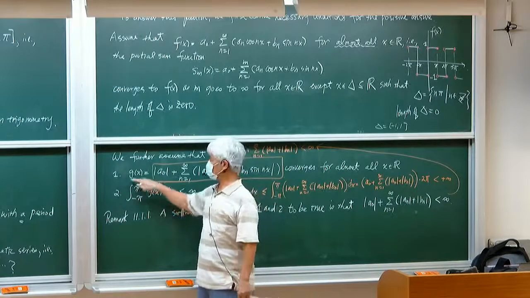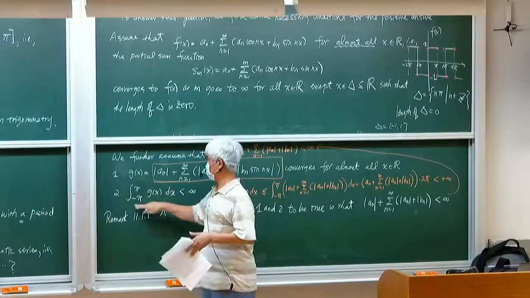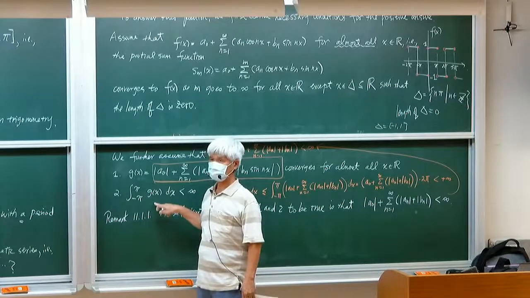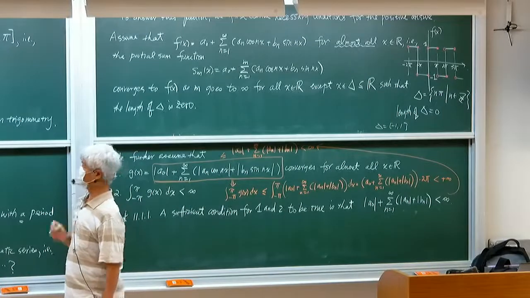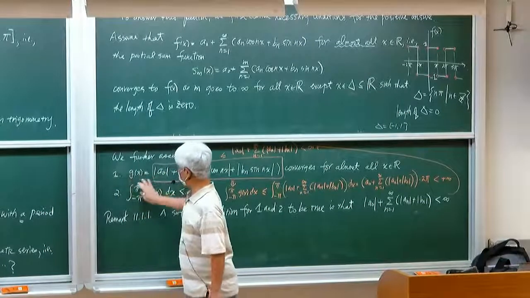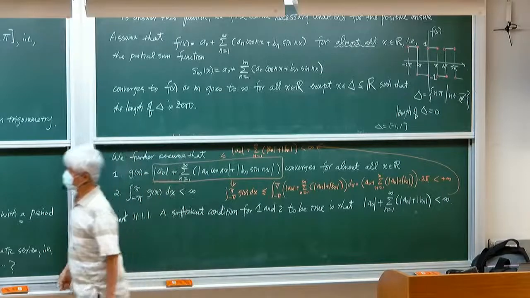And this dominating function has finite integral. So that's the reason why it's called the dominated convergence theorem, because we have the dominating function. We find one. So this one is dominating.